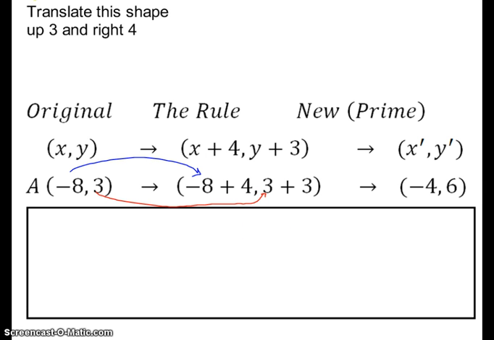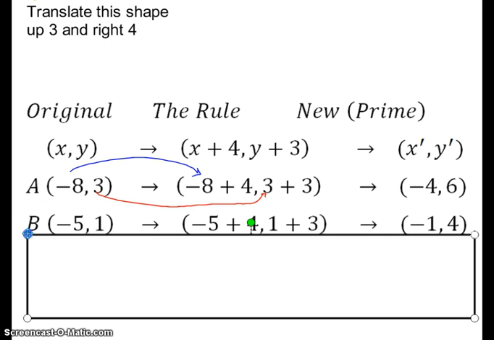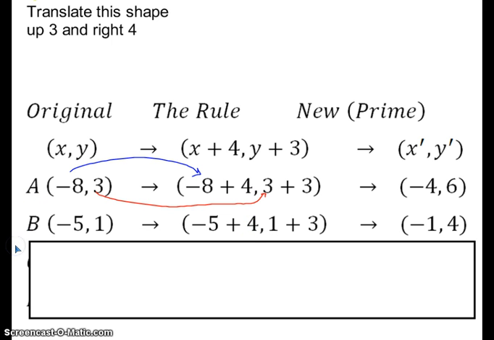Negative 8 plus positive 4 is negative 4. 3 plus 3 is 6. So I want you to think about what the next one's going to be like. I did the same thing. Notice that my rule hasn't changed. It's still some number plus 4 and some number plus 3. Go ahead and do C from that same shape.